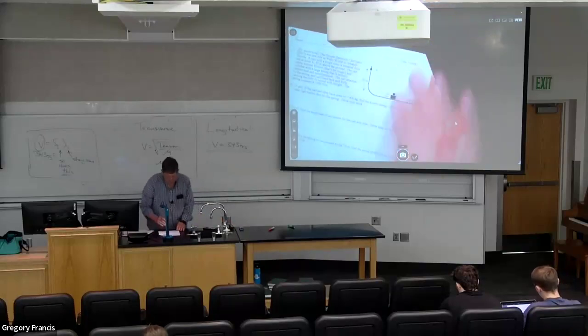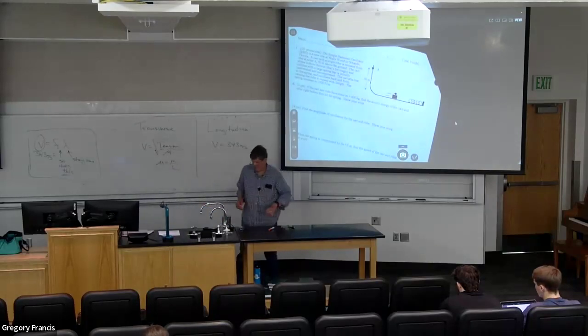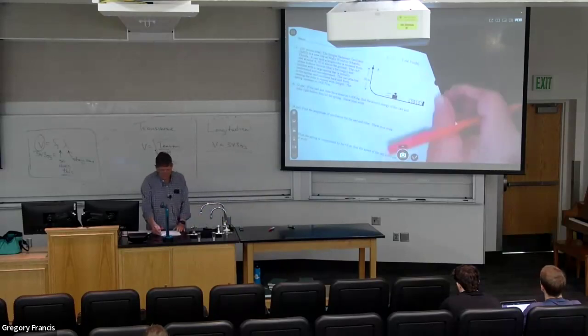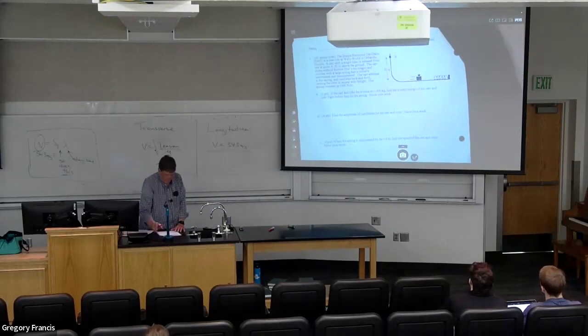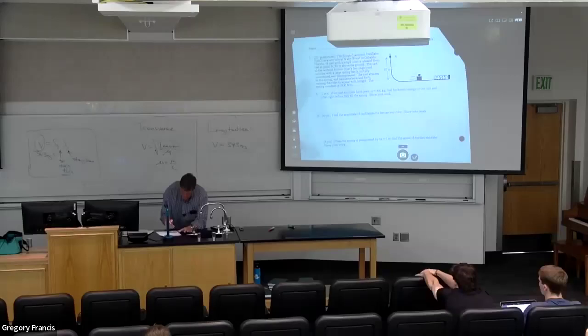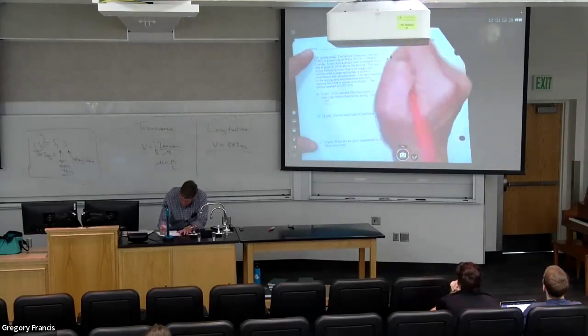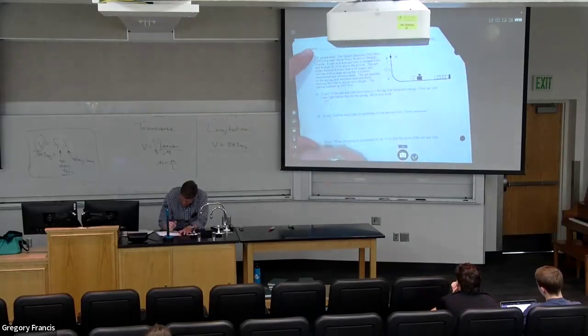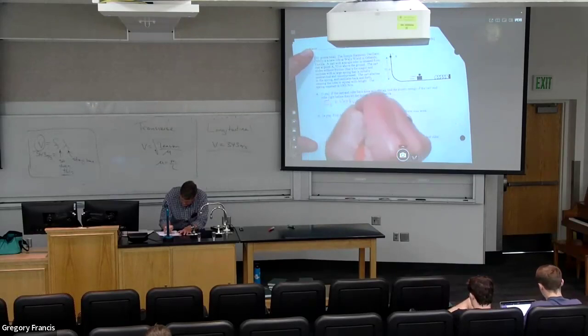The first part asks us to go back a little ways to the energy part of the class and use the fact that if this is a frictionless track, the energy initial, which we'll call point A, plus Wnc is equal to energy final.